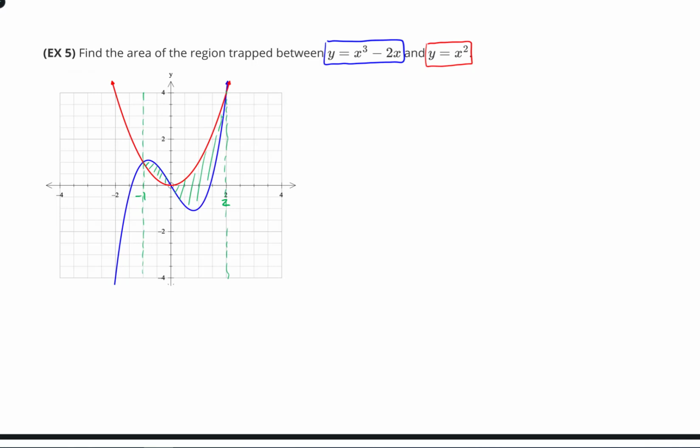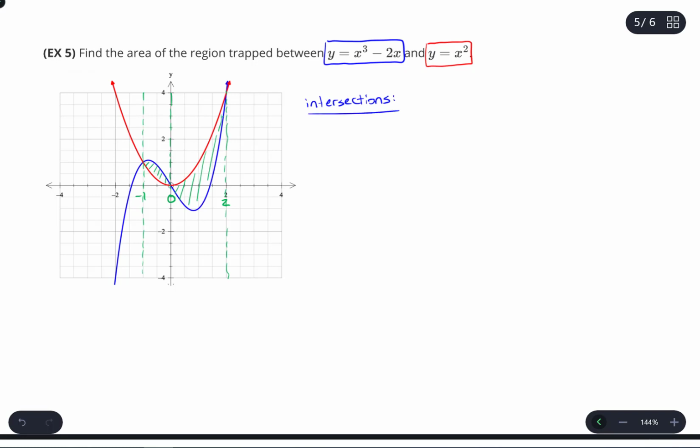Now, from the graph, it might be obvious where these things overlap, but it might not. So I'm going to show you techniques that you could use here. I think in this case it's pretty straightforward that this is going to be at 0. But if you want to find out where curves intersect, you can always solve for intersection points by setting your curves equal to one another.